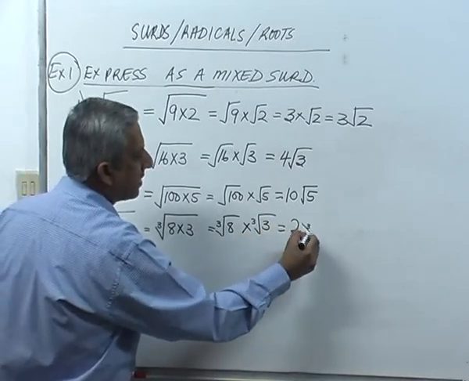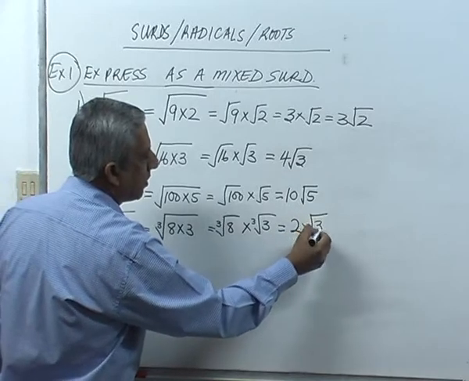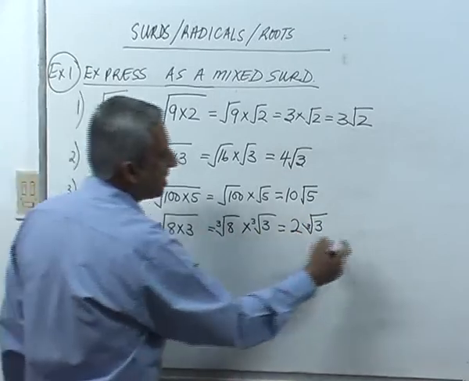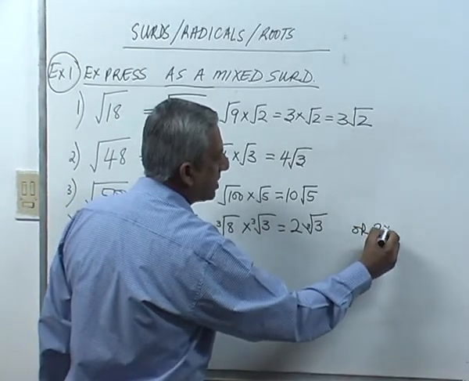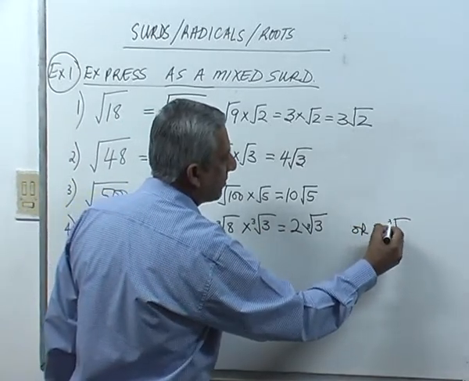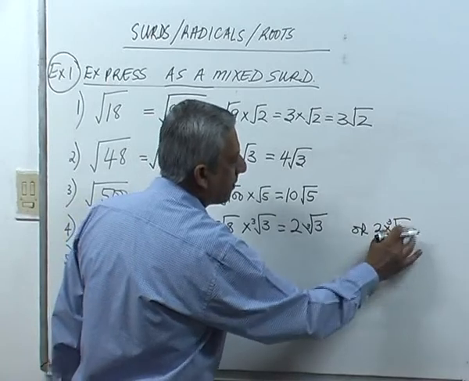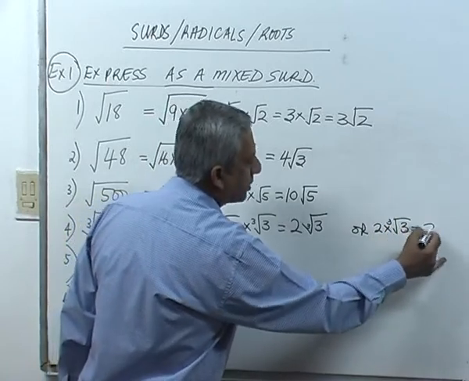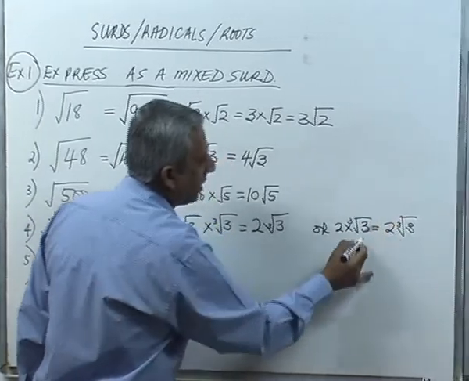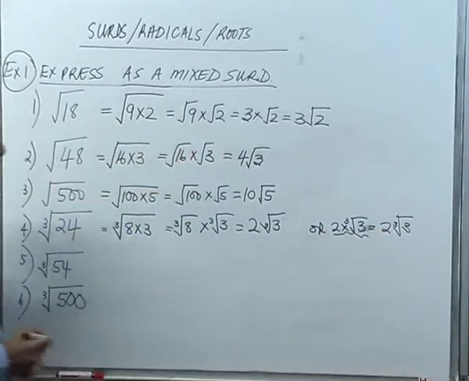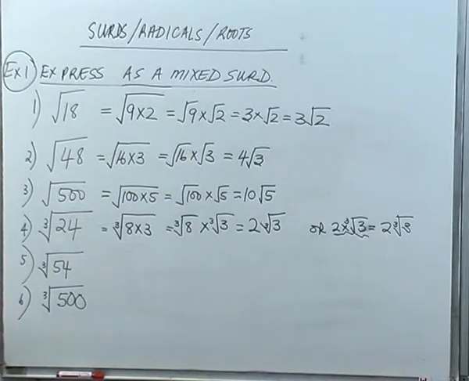And I can just write next to it cube root of 3. So I could have written the answer like this, or you could have gone 2 times cube root of 3, which is equal to 2 cube root 3. But this step, you don't have to write it. You can now leave it out because you are used to this now.